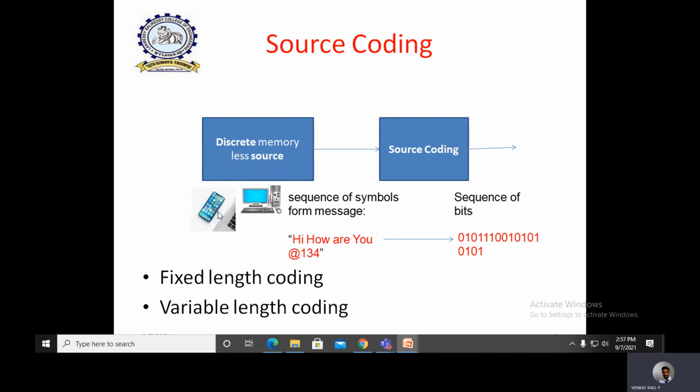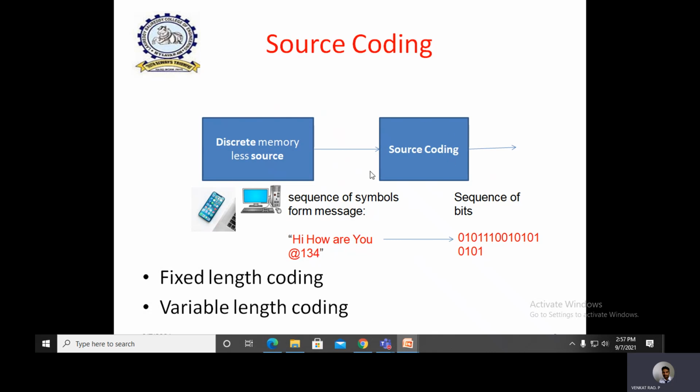Suppose your discrete source emits a set of symbols like this, and you send these symbols in a sequence order, then it forms a message. That message comes out from this discrete memoryless source, and then the source coding applies after this.